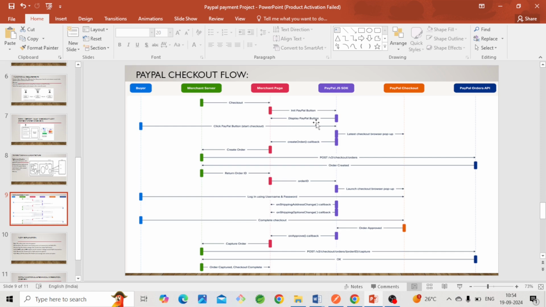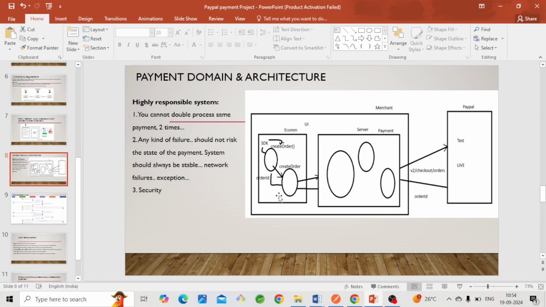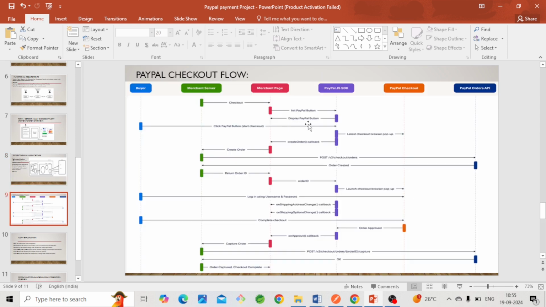The merchant page has already initiated the PayPal button using the PayPal JavaScript SDK. So when the customer is on the front end page and wants to make a payment, the request goes to the backend server, and the PayPal SDK displays the PayPal pay button.